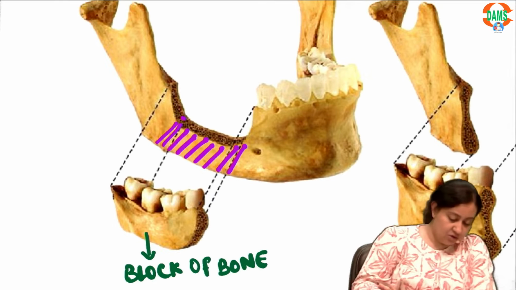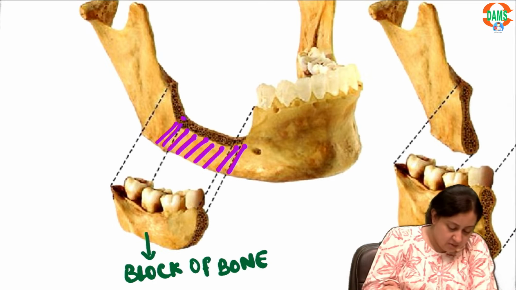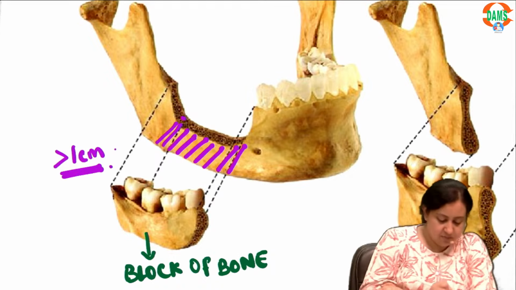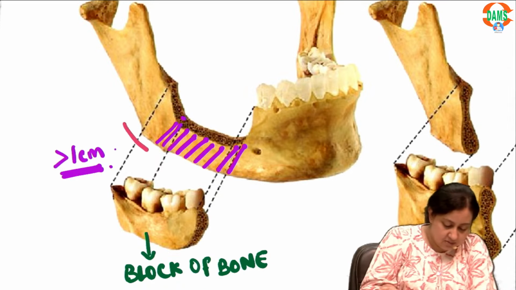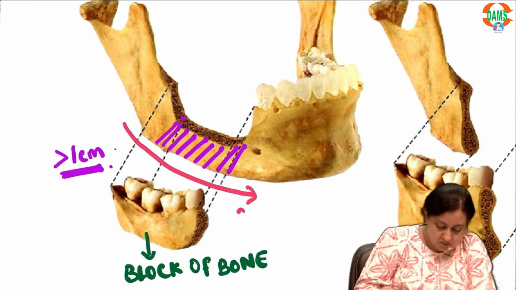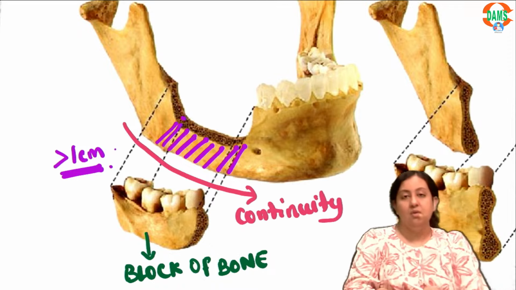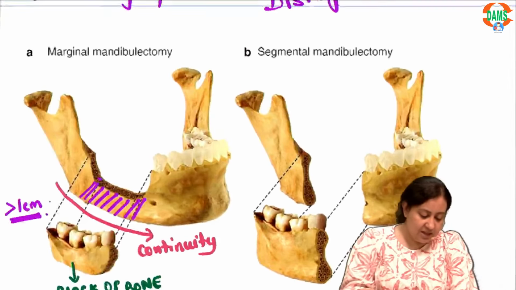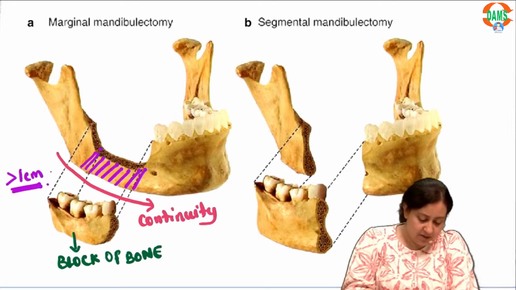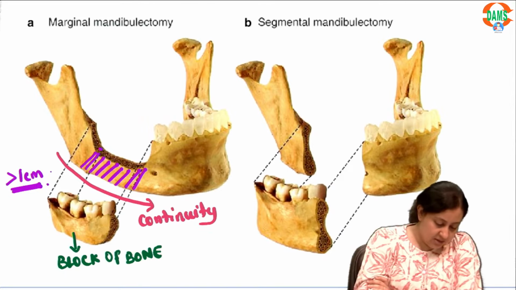Okay, so this should be always more than 1 centimeter, and the continuity is intact. Alright, continuity is intact. If you see in the second image for segmental mandibulectomy, this is your segment.